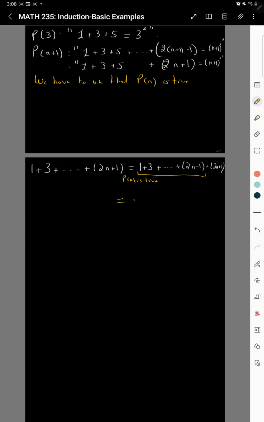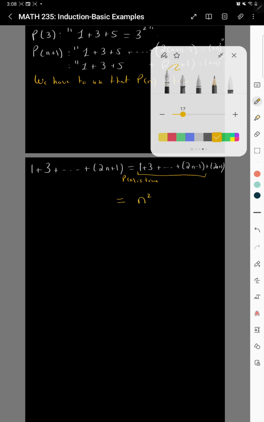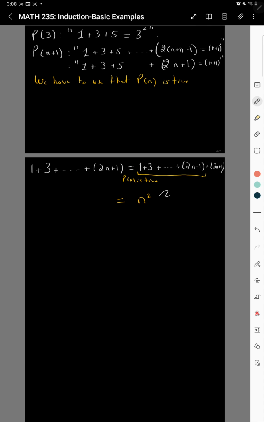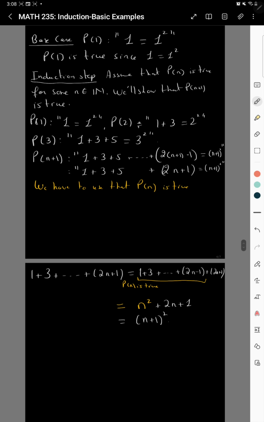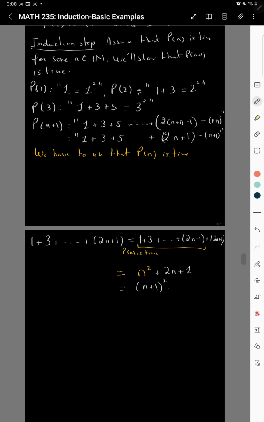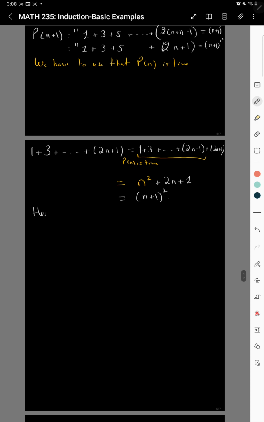This is equal to n squared. Now the remaining term is 2n plus 1. Well, definitely this is equal to n plus 1 squared. Oh, this is just the right-hand side of Pn plus 1. Hence, Pn plus 1 is true. So I have proved that if Pn is true, then Pn plus 1 is true.